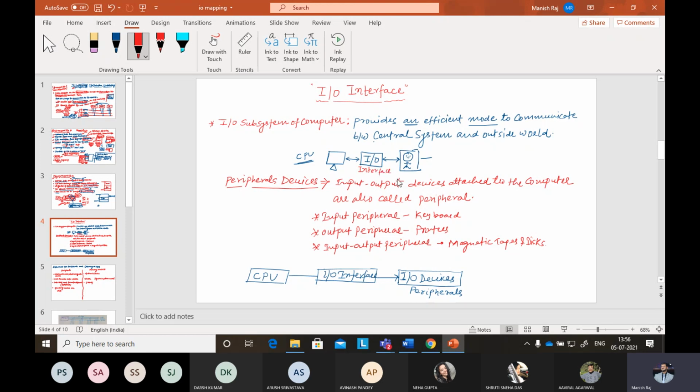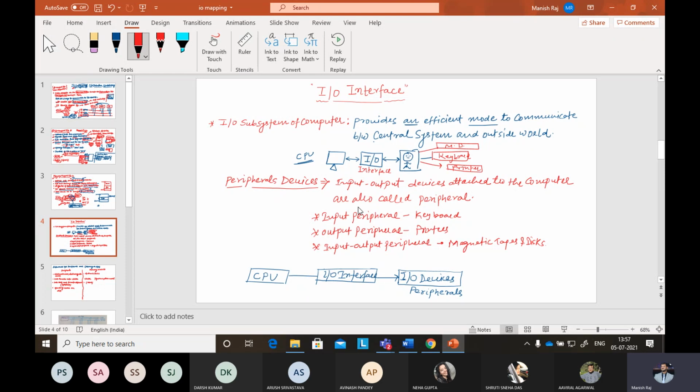Okay, so I am just telling you, if you want to connect a keyboard, you can't directly connect the keyboard to the CPU. Some interface is needed between the CPU and the outside world, like a printer. You need some interface for the printer, or third type, you can say magnetic tapes or magnetic discs.